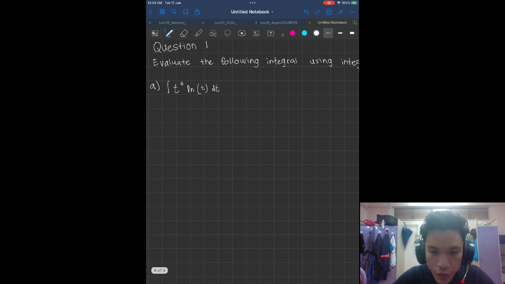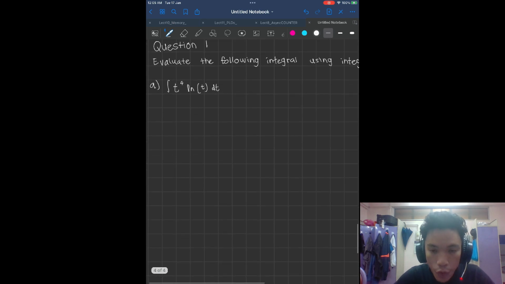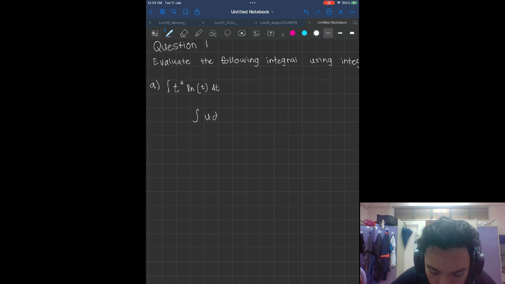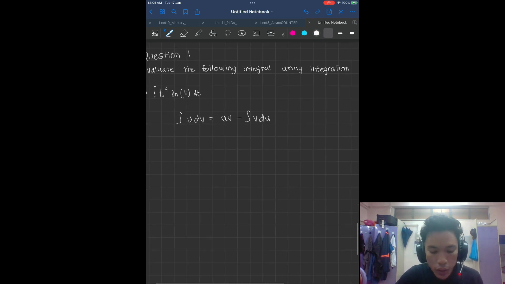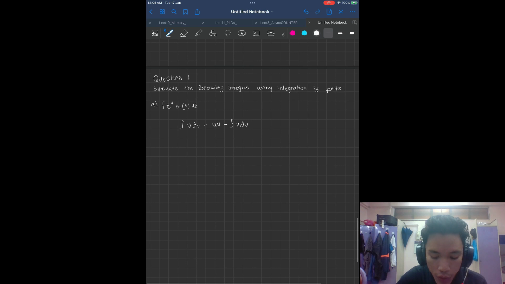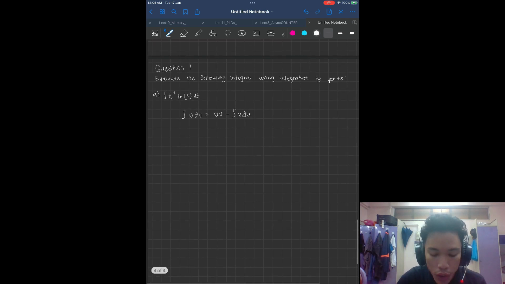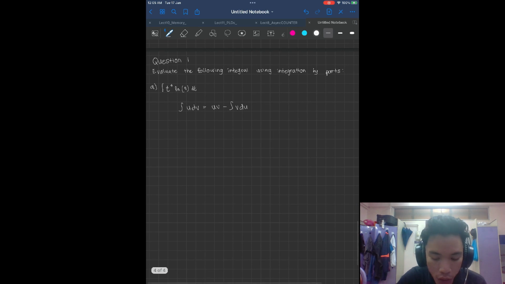For our question, we have to remember the formula, which is integrate u dv equal to uv minus integrate v du. So after we write down the equation, we have to know which one is u, which one is v. So let's determine them.